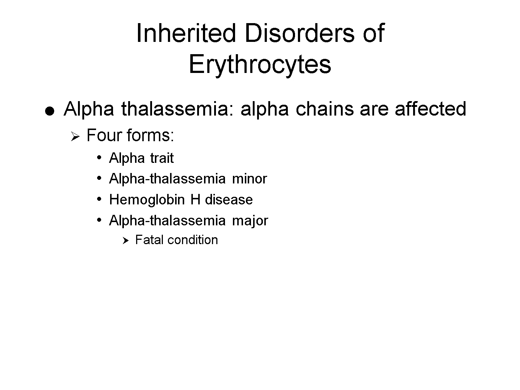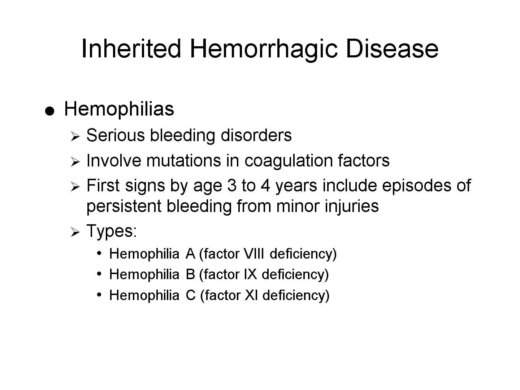The most severe form, alpha thalassemia major, is usually fatal before or shortly after birth due to severe anemia and heart failure. Hemophilias are serious inherited bleeding disorders caused by mutations in clotting factor genes. Symptoms usually begin between ages 3 and 4 and include prolonged bleeding from minor injuries, easy bruising, and joint bleeding.